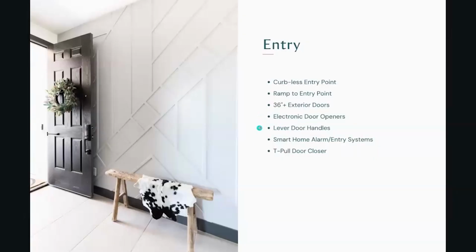Using lever door handles as opposed to knobs, so anyone with limited hand dexterity can use the levers a lot easier. Even having an alarm system, or like I said, an entry system, can really provide a lot of independence and safety for people living on their own. And then something that's called a T-pull door closer, which I'll get into a little bit later.